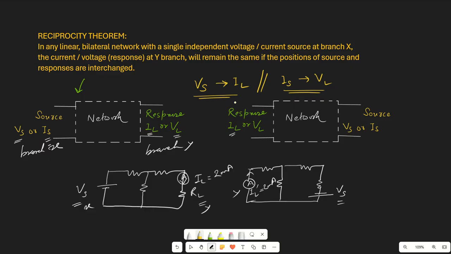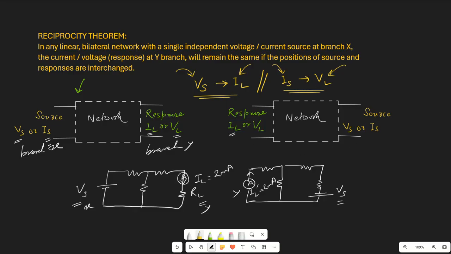If it is not mentioned, then if our source is voltage source, we have to determine the current across the load, and if our source is current source, then we have to determine the voltage across the load resistance. Okay, so using Thevenin theorem or Norton theorem or superposition theorem, we can minimize the calculations or make our circuit simpler. Similarly, reciprocity theorem also helps us to make our circuit solutions simpler.